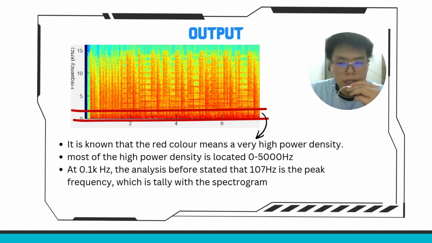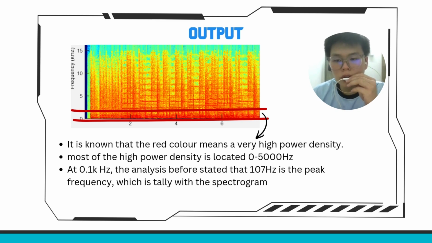Previously, we already knew that the red color means a very high power density, while the blue color means a very low power density. In this case, we can see the red color is accumulated in the bottom part. Previously, the command window told us that the peak energy frequency is 107 hertz.